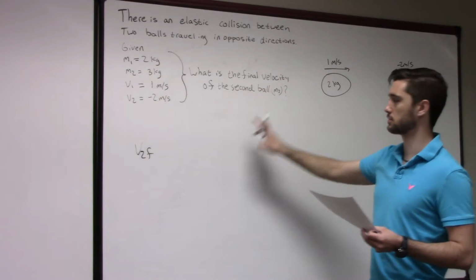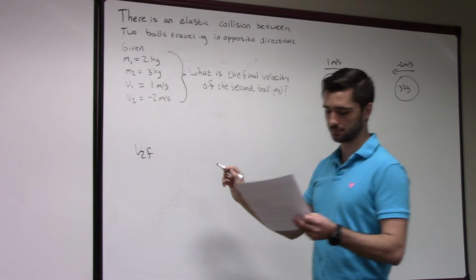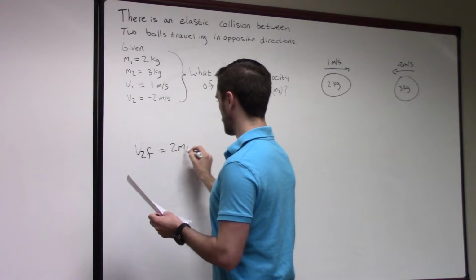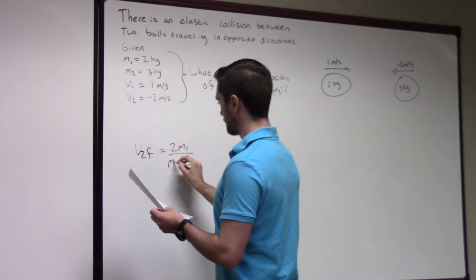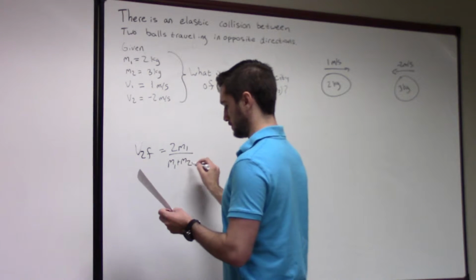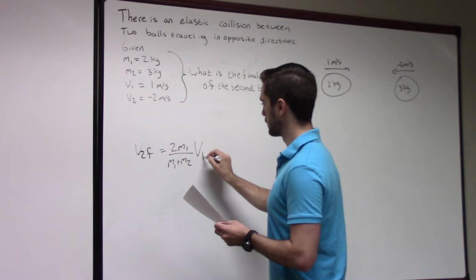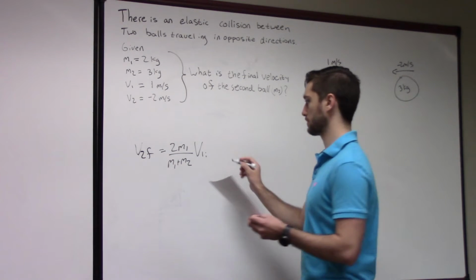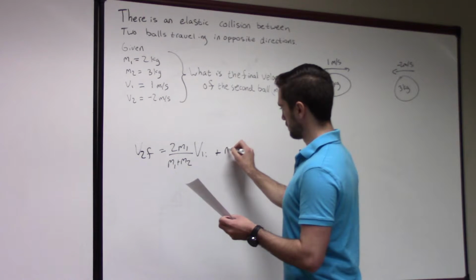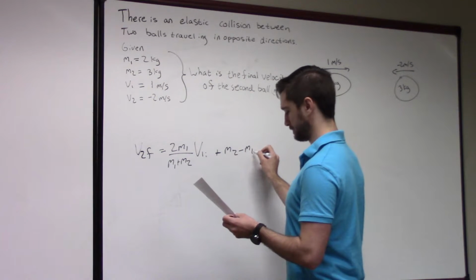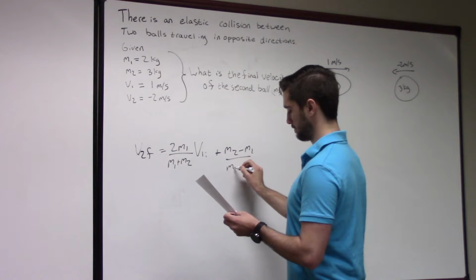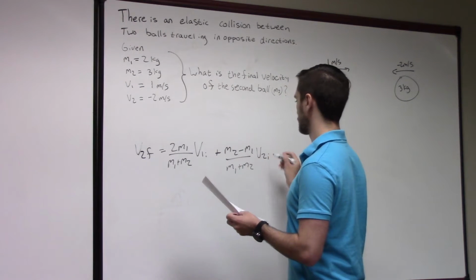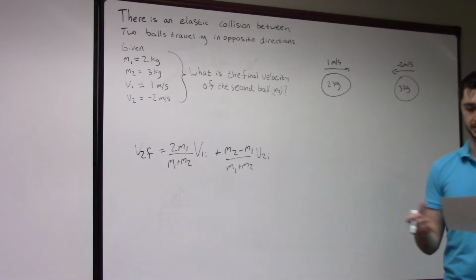V2 final is equal to 2 times mass 1, so the first ball, divided by mass 1 plus mass 2, times velocity 1 initial, so the velocity of the first ball when it's first moving, plus mass 2 minus mass 1 divided by mass 1 plus mass 2, times velocity 2 initial, so the velocity of the second ball before the collision.